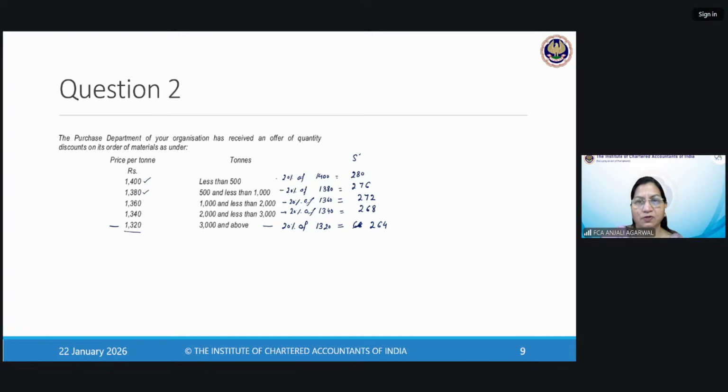So the storage cost will always also change with the change in raw material price.